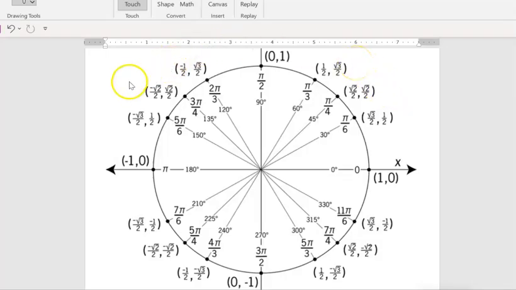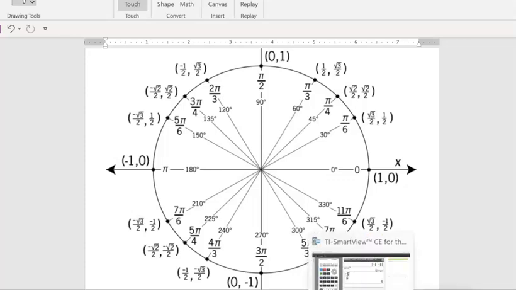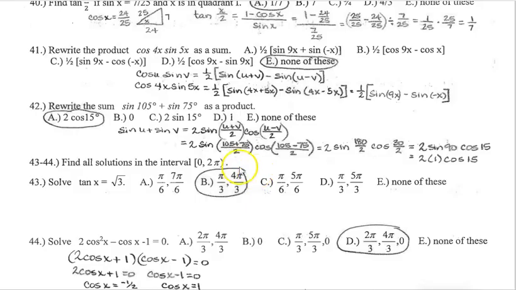Then over here, negative square root of 3, 1, negative square root of 3 over 3. And then square root of 3 over 3, 1, square root of 3. And then over here, negative square root of 3, negative 1, negative square root of 3 over 3. All right, so you would be able to look at your circle with those tangent values on there and see that the only two places that you have a positive square root of 3 is at pi over 3 and 4 pi over 3.